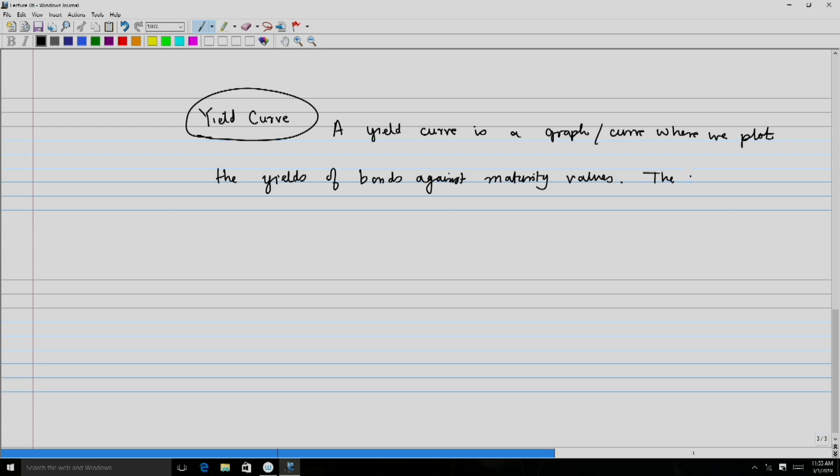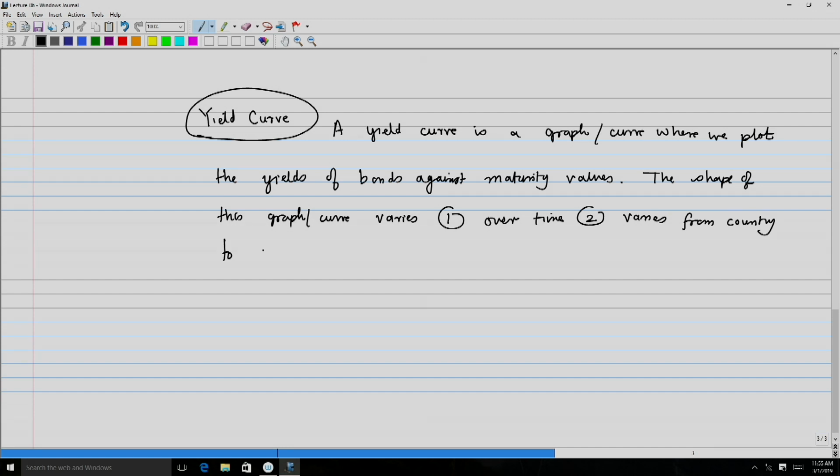And typically the shape of this graph or the curve varies according to two things, namely it varies over time, and secondly it varies from country to country.